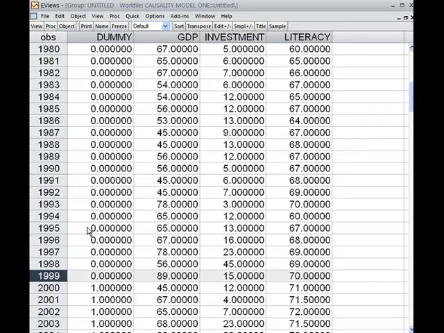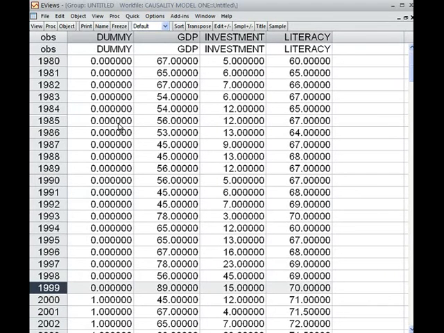So the country was not a welfare state, which is 0. What does 0 mean? The dummy variable 0 means that the country is not a welfare state. That is all 0.